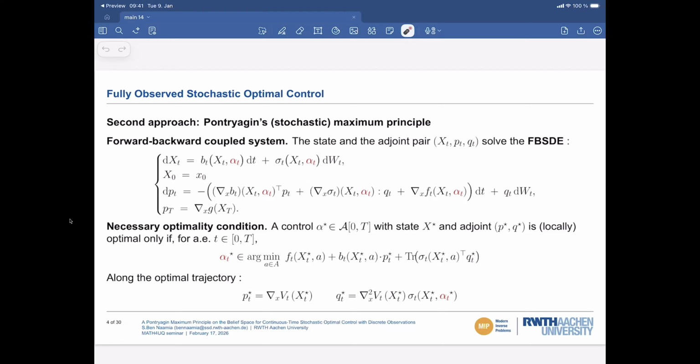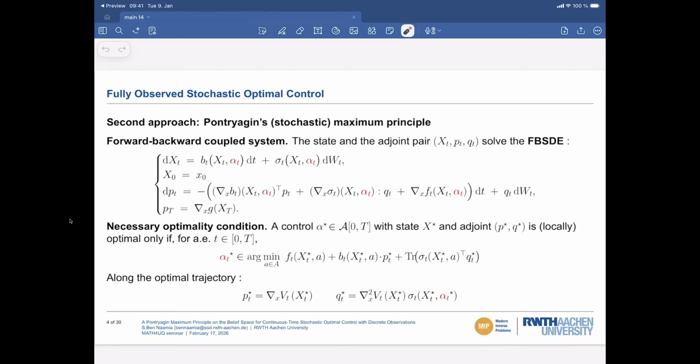And the outcome is that this will give you only necessary optimality conditions. They are coupled by the minimization of the Hamiltonian particularly, and this gives you this particular structure of a forward-backward SDE. Again, this gives you necessary optimality conditions rather than sufficient conditions.